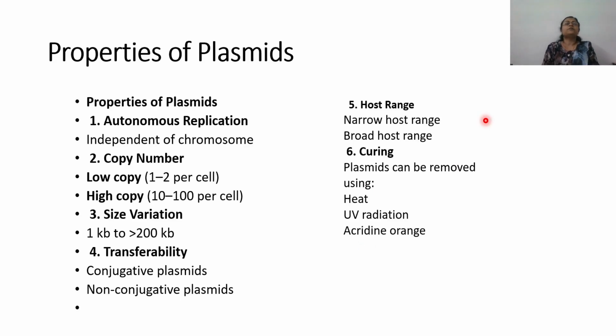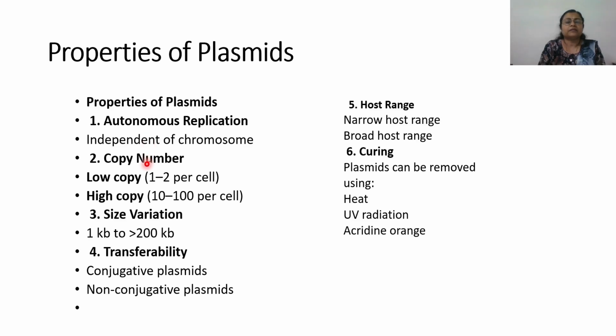Now we move towards the properties of plasmids. Let's see them one by one. One property of plasmids is autonomous replication, or self-replication. Plasmids do not depend on chromosomal DNA in the bacterial cell for replication. They replicate independently.